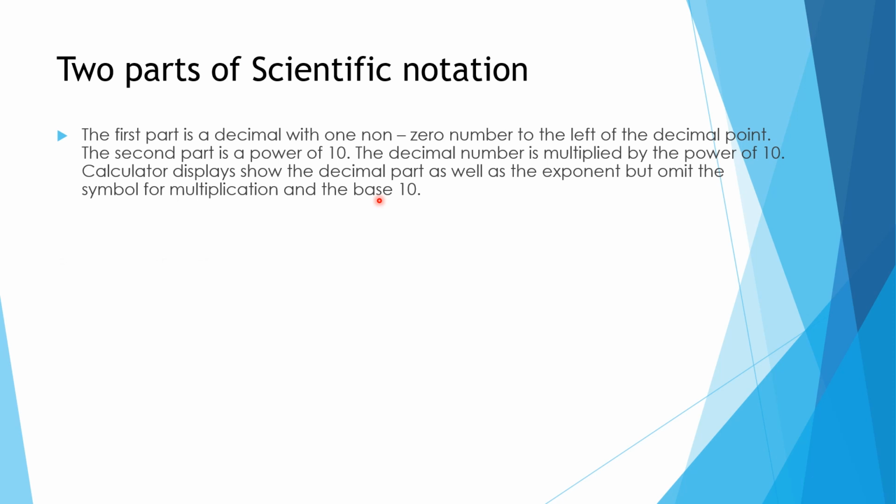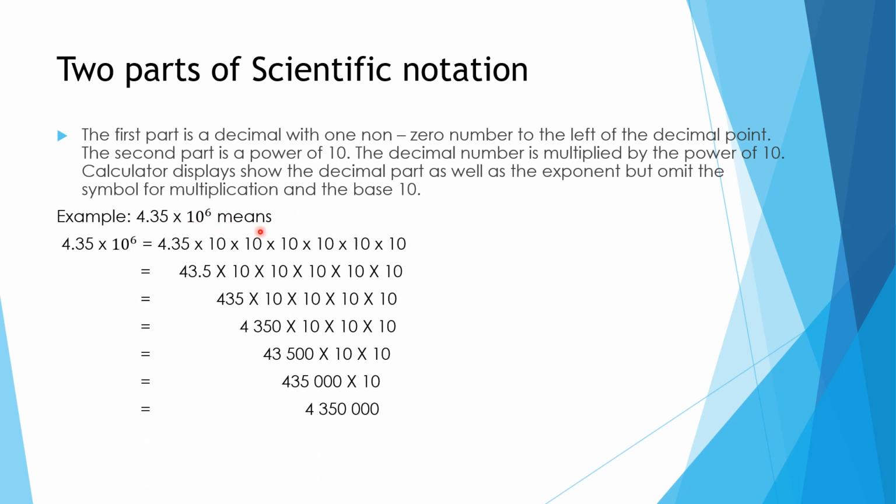Now for example, 4.35 times 10 raised to 6 means 4.35 times 10 times 10 times 10 times 10 times 10 times 10. So you are going to multiply 10 six times.